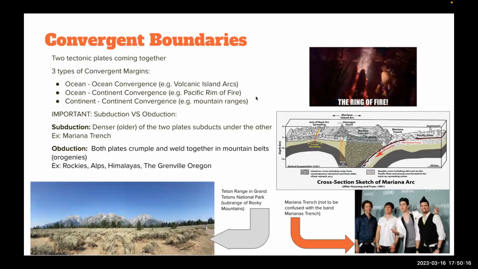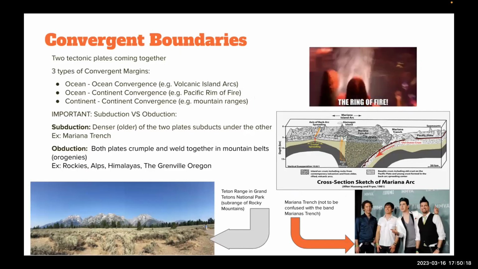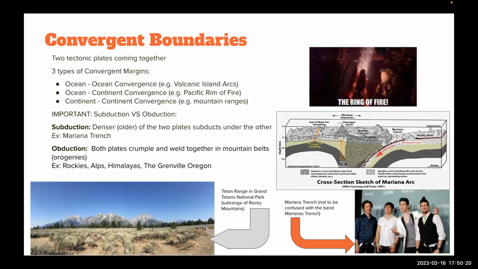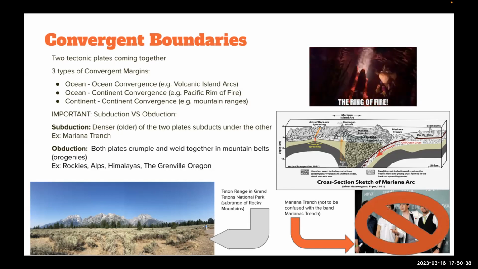Okay, convergent boundaries, when they're coming together. I know it's a lot of classification. You have three overarching ways they can come together. If they come together head on, there are three types of ways they can interact, based on who's interacting. If you have an ocean plate versus a continental plate, green is going to be my continental, this is going to be my ocean.